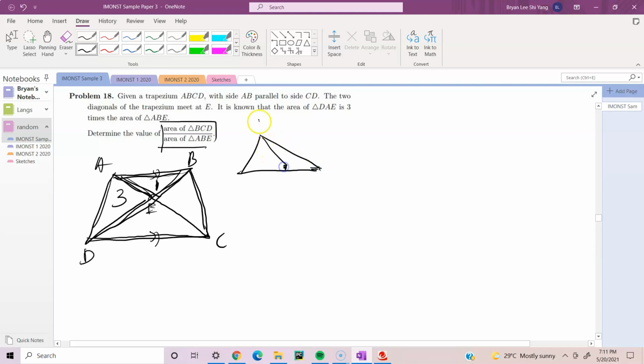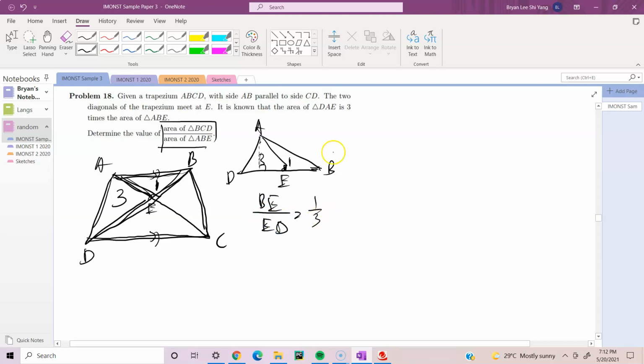So ABD, and then E is inside here. So we have 1, we have 3. Since both of them have the same height, it is from here that we can know that BE over ED is equal to 1 over 3.